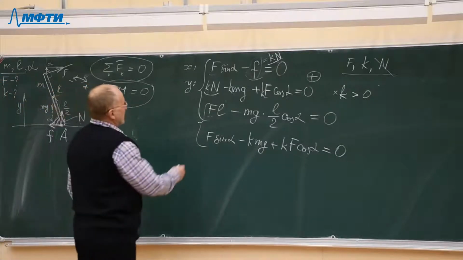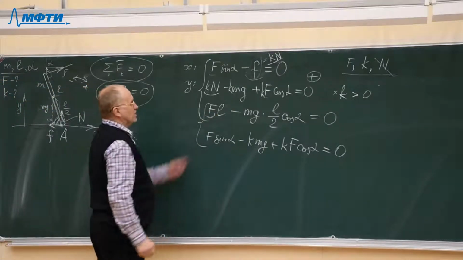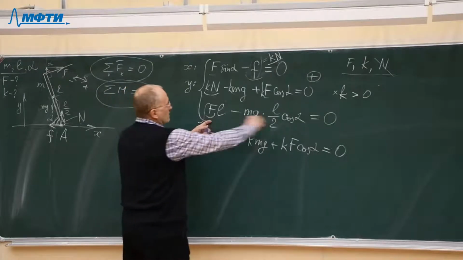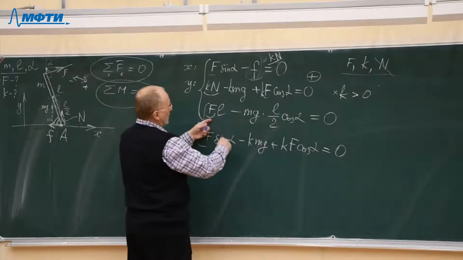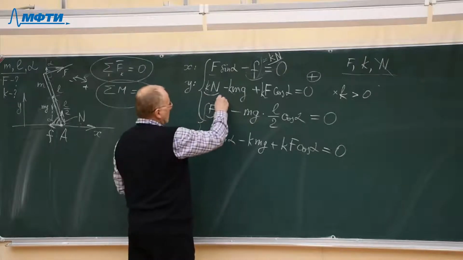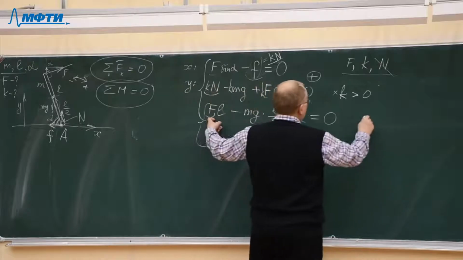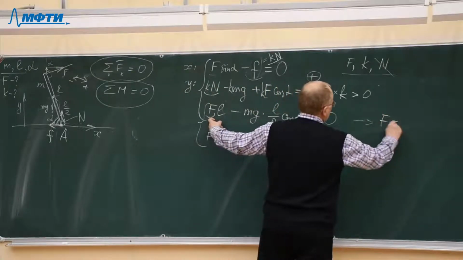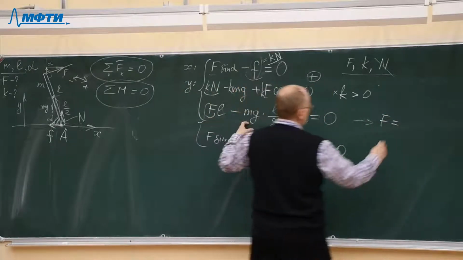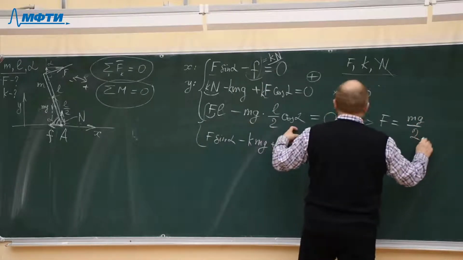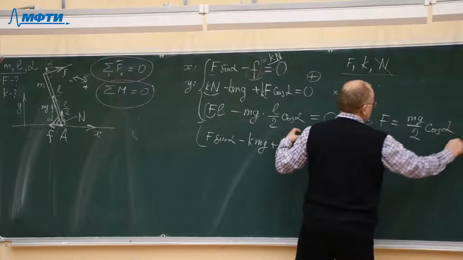The force F can be found from the first equation immediately. If we look at the first equation, we find that L will cancel, and F equals mg over 2 cosine alpha.